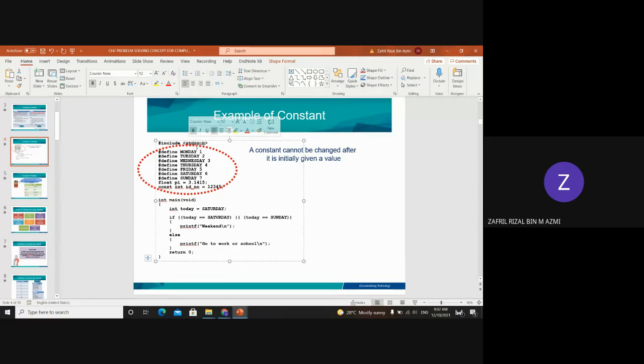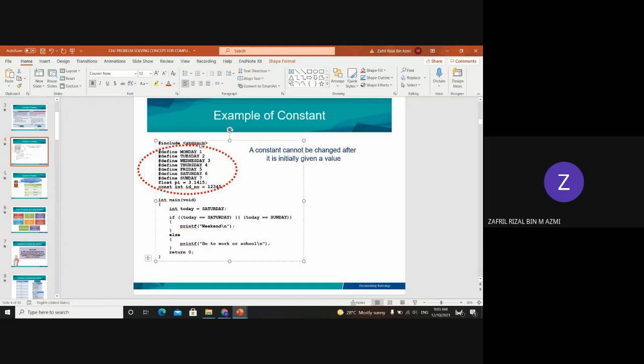stdio.h. Meaning that if you see stdio.h, then you must know that this program is using the C programming language library. If you see iostream.h, that program is using the C++ programming language library.